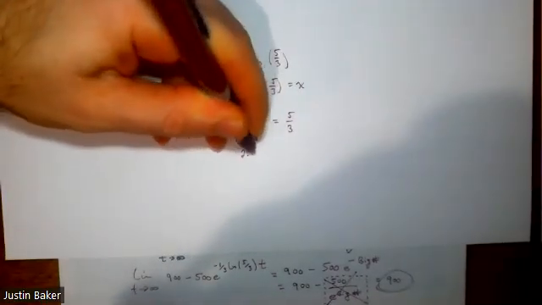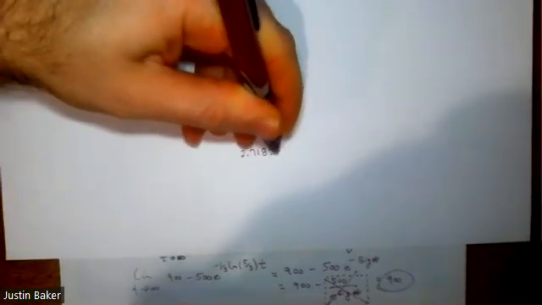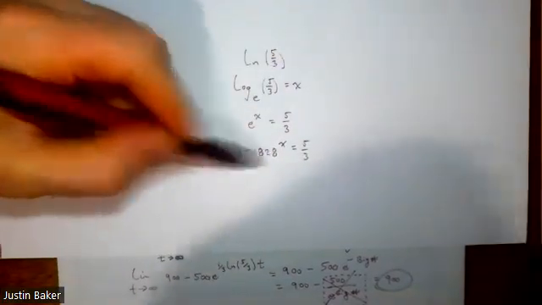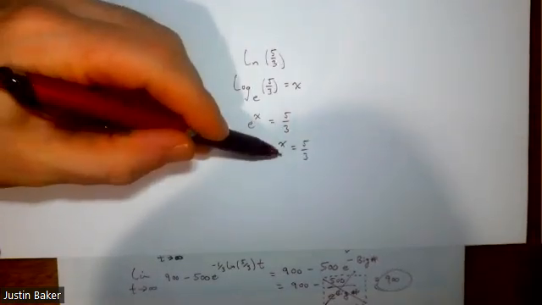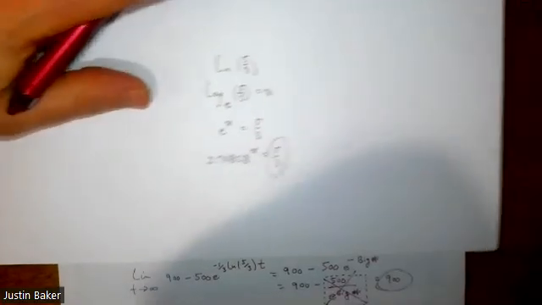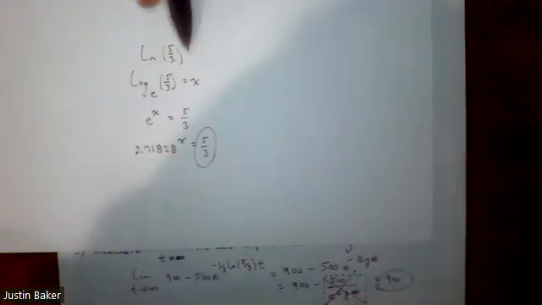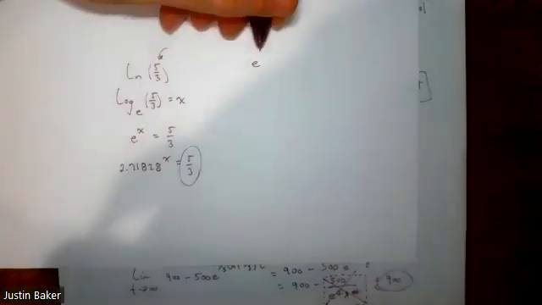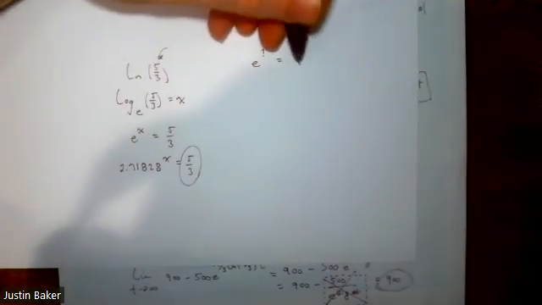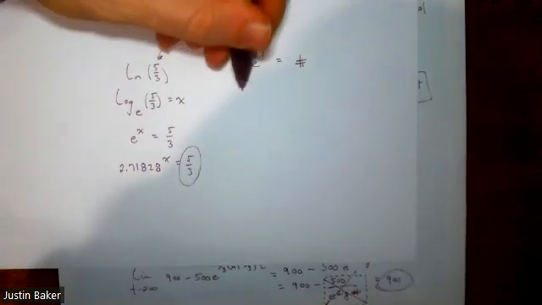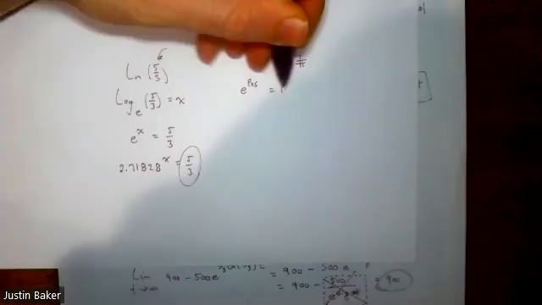Now, I have no idea, but e is approximately 2.71828 to the x is equal to 5/3. So there's some number out there that if I raise 2.71 to that power, it's going to give me 5/3. So just for some further background, no matter what this number is, it's going to be e to something is equal to a number. And when you're raising e to something, think about your choices. If I raise e to a positive, I get a positive.